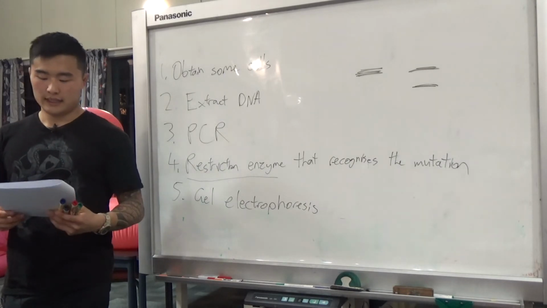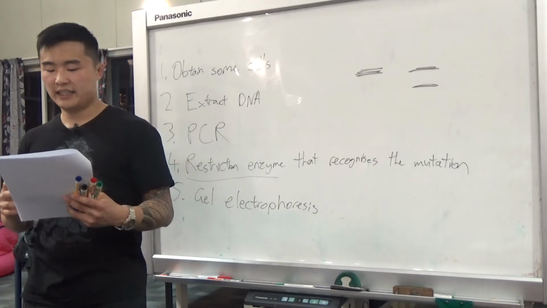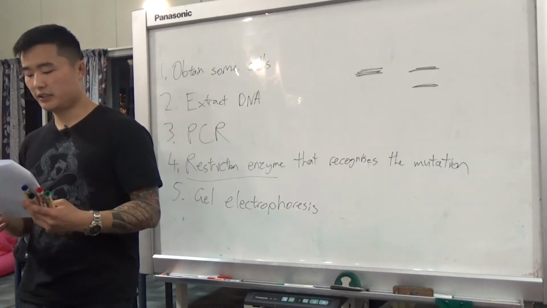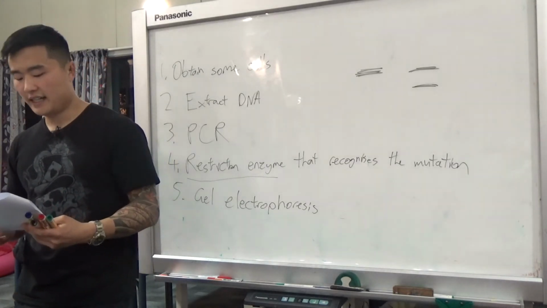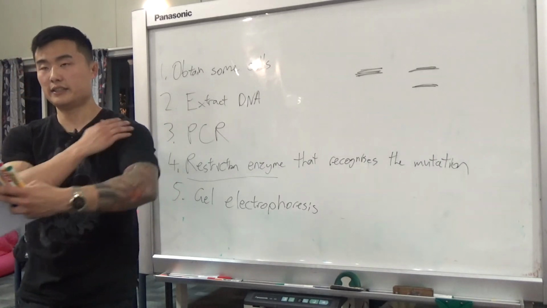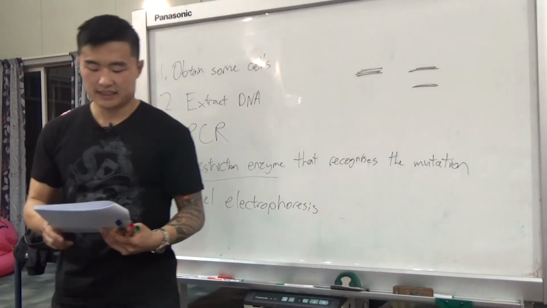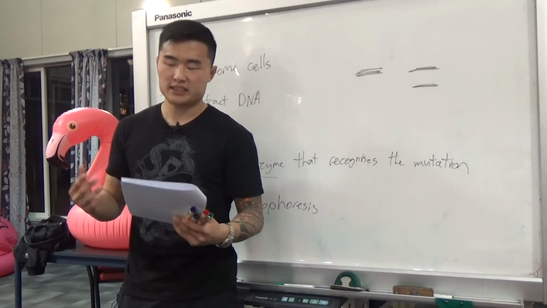So the BCR and the ABL gene are combined, and then you form a new gene, which is called BCR-ABL, and that is an oncogene because this new gene now creates a protein that promotes cell division.